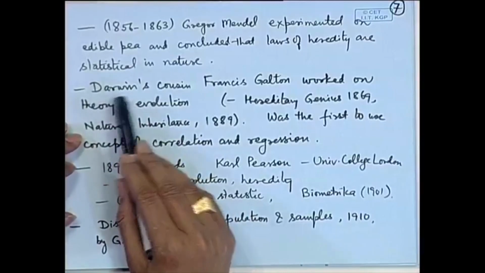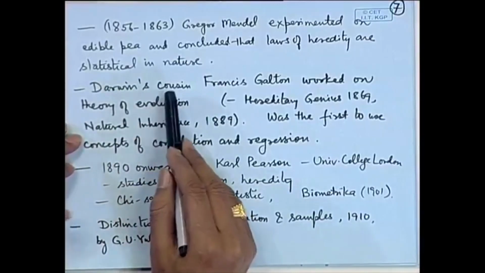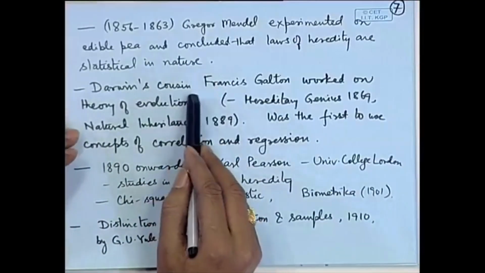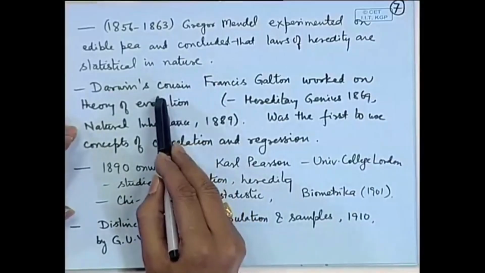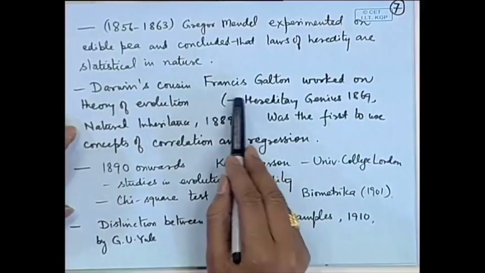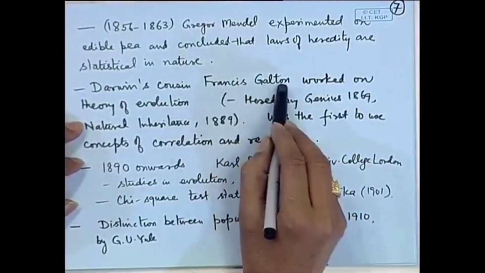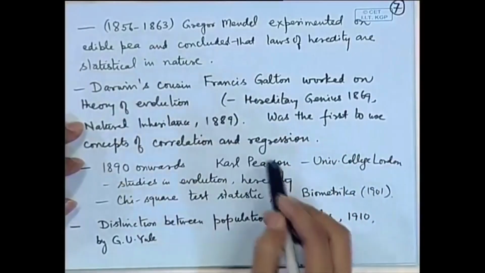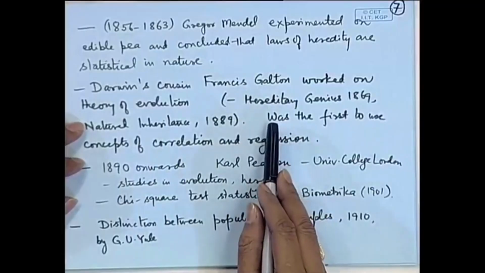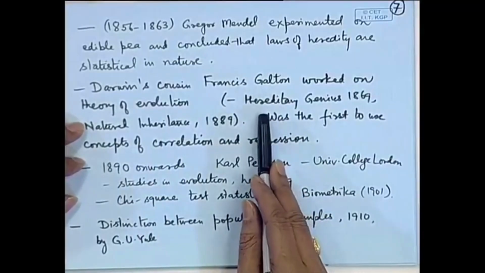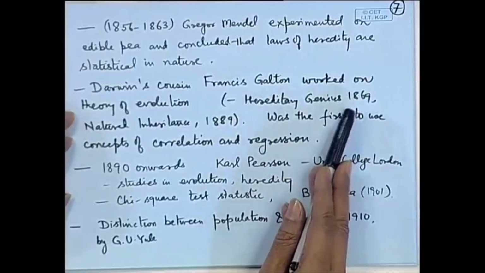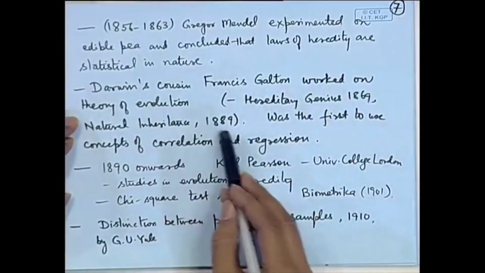Influenced by Darwin's theory of evolution, a lot of people started studying the laws of heredity, and one of the famous works on that is by Francis Galton, who happened to be a cousin of Darwin. He worked on the theory of evolution, and his treatise Hereditary Genius came in 1869 and Natural Inheritance in 1889.